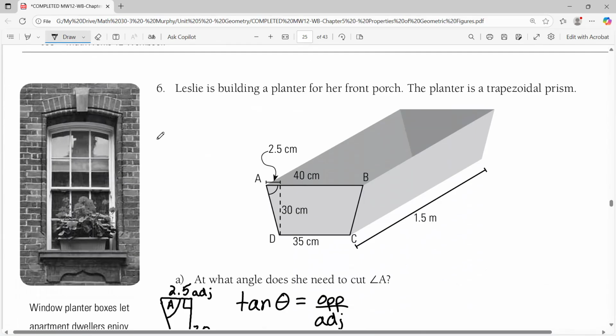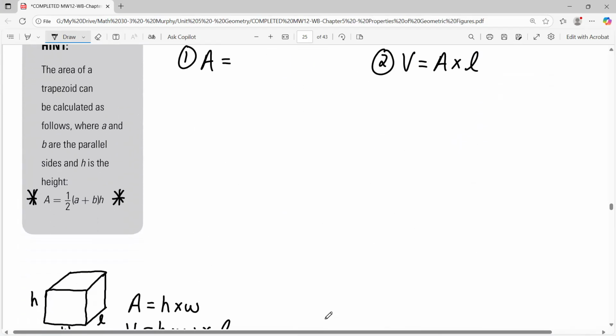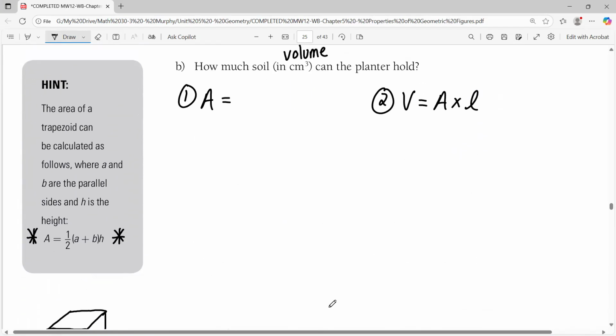If you're not in the same unit, you will mess it up. So we need to convert this to centimeters. Oh, sorry, 1.5 meters, so 150. So we just got to be careful there. That might have been where you went wrong in the actual crunching of the numbers.